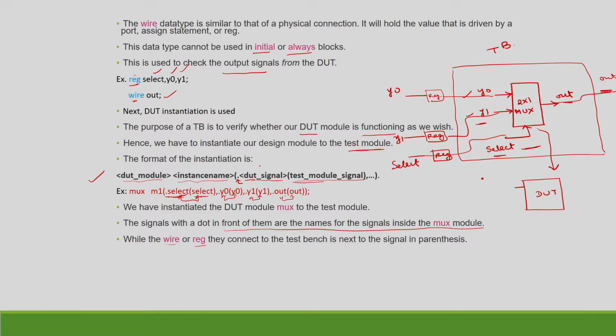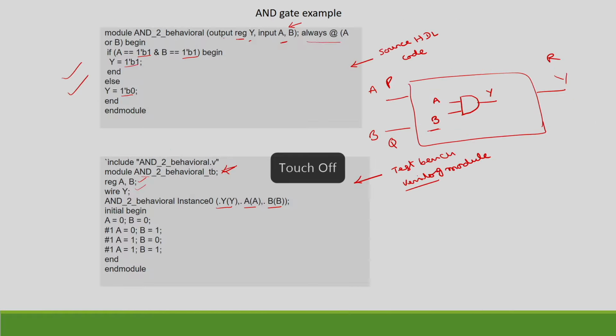So, the first name is the DUT and the second name is the test bench within the parentheses. In that case, you have to change this to the test bench values. Y is R, A is P, B is Q. Or you can use the same symbols also.